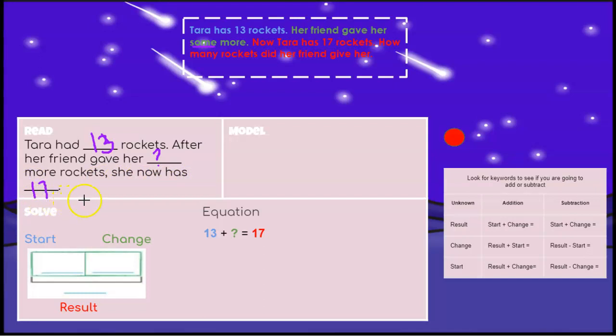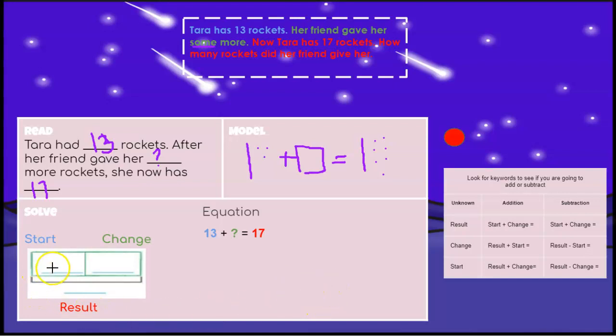She has 17. So when we model it, we have 10, 11, 12, 13. And they gave her some more. We don't know how many. But now she has a total of 10, 11, 12, 13, 14, 15, 16, 17.